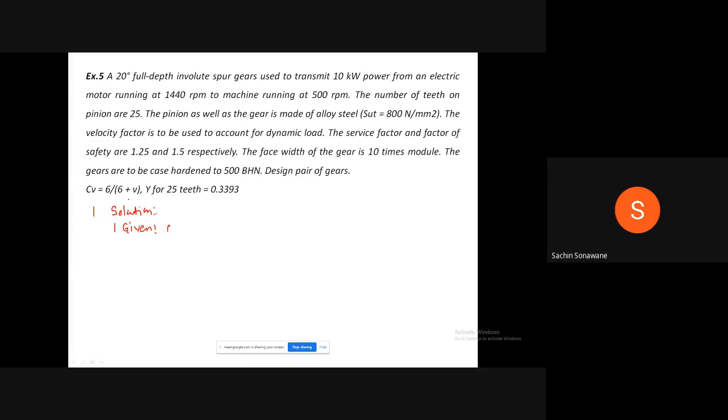Given phi is equal to pressure angle 20 degree, then kilowatt is equal to 10, then speed of pinion they have given Np is equal to 1440 rpm, because you know pinion and gear, pinion is smaller and gear is larger, therefore the gear which is smaller, that is having more speed.